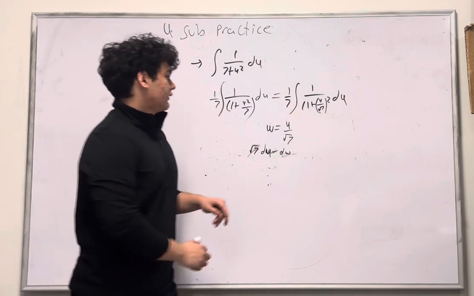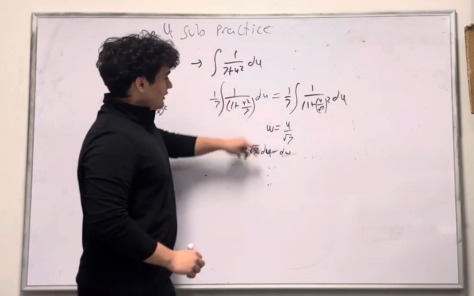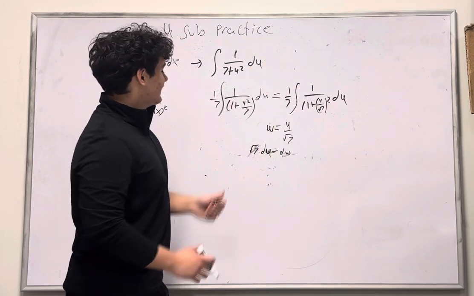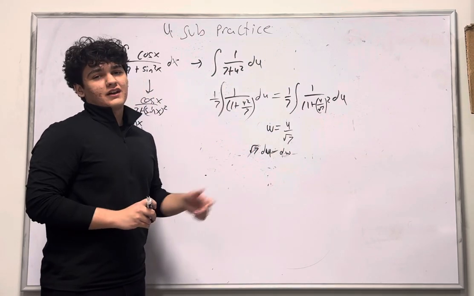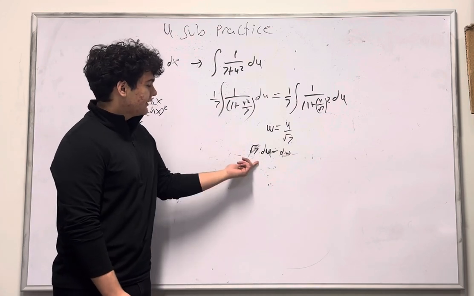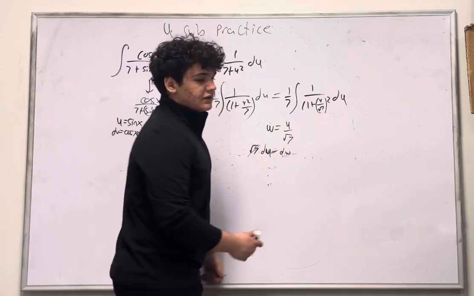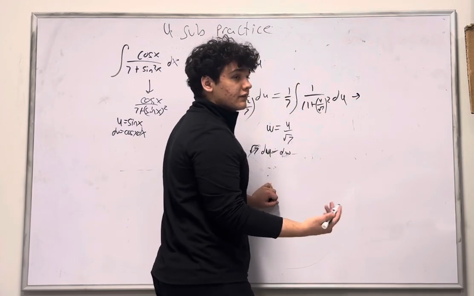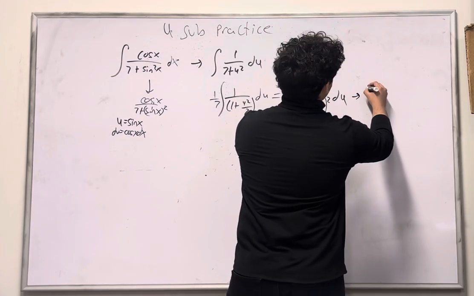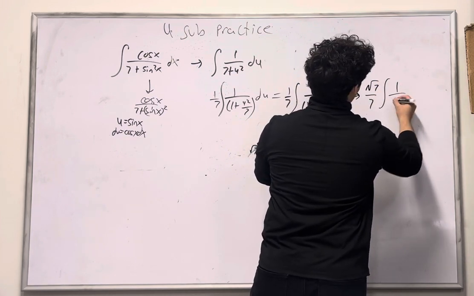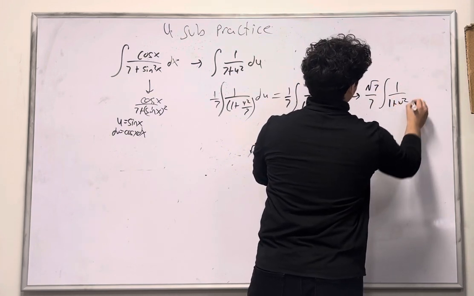So let's rewrite this. This rad 7 will multiply with the 1 over 7, all right? So I like to keep all the constants out in front. Makes everything just a lot easier. So we'll get rad 7 over 7 times the integral of 1 over 1 plus w squared.